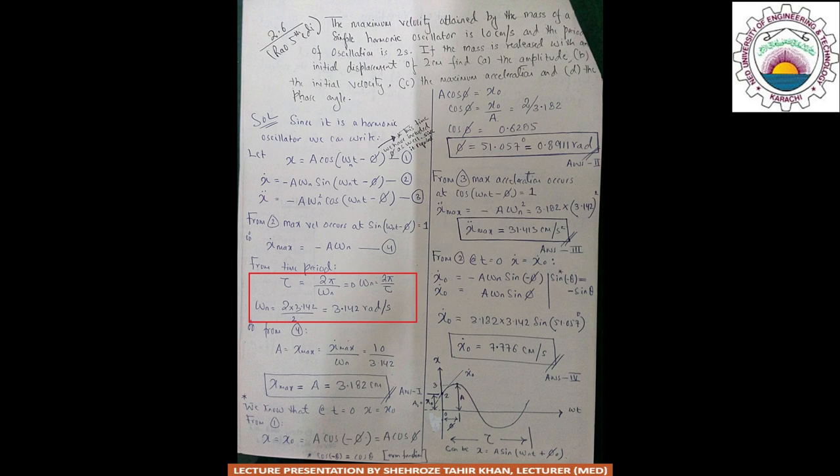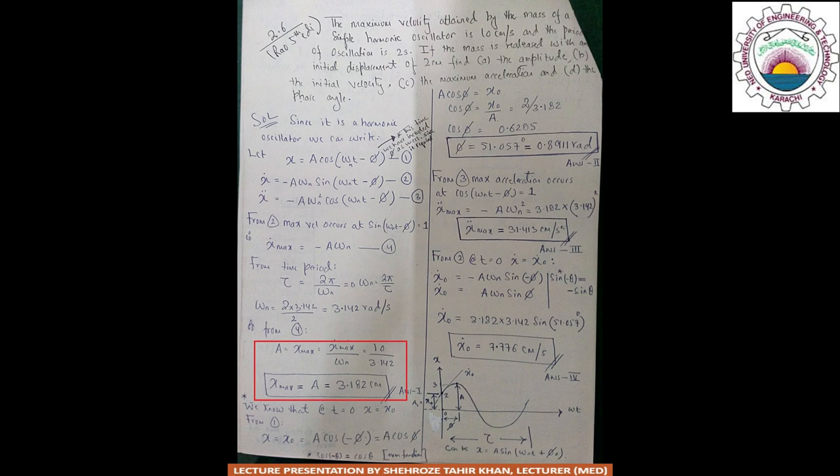Now substituting the value of natural frequency, omega n, in equation 4, we get the amplitude a is equal to x dot max upon omega n, or a is equal to 10 upon 3.142, or a is equal to 3.182 centimeters.